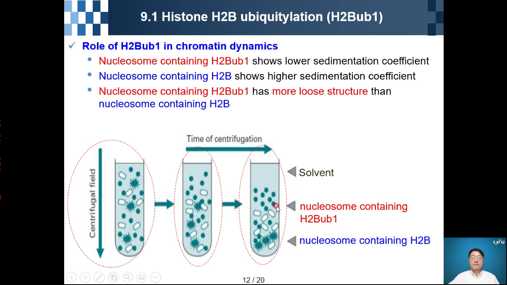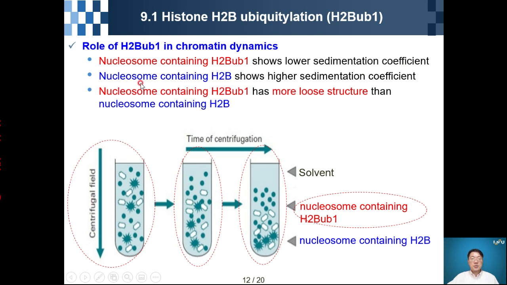People found that nucleosome containing H2B-UB1 is located in the middle region. It means that nucleosome containing H2B-UB1 shows the lower sedimentation coefficient.